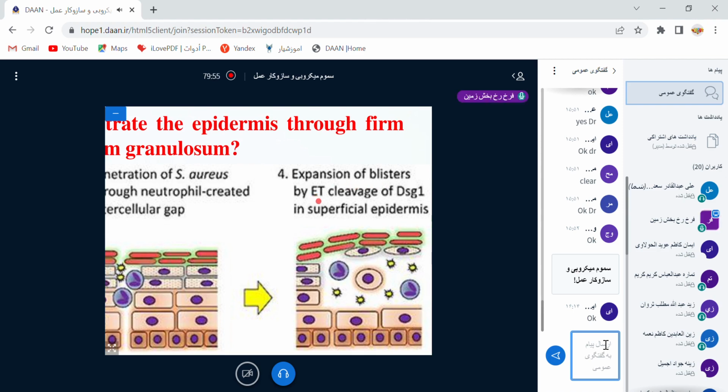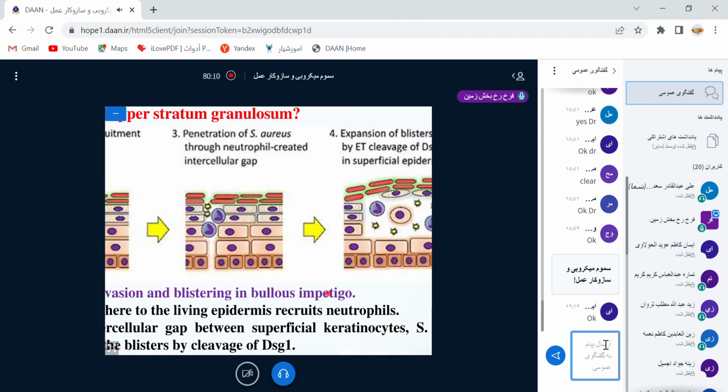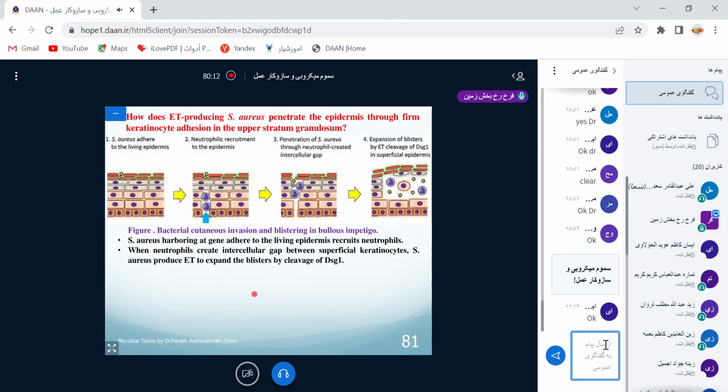Expansion of blister by exfoliative toxin that cleaves DSG1 in the superficial epidermis, and so you can see there is a big gap between the upper side and deeper side of the skin.